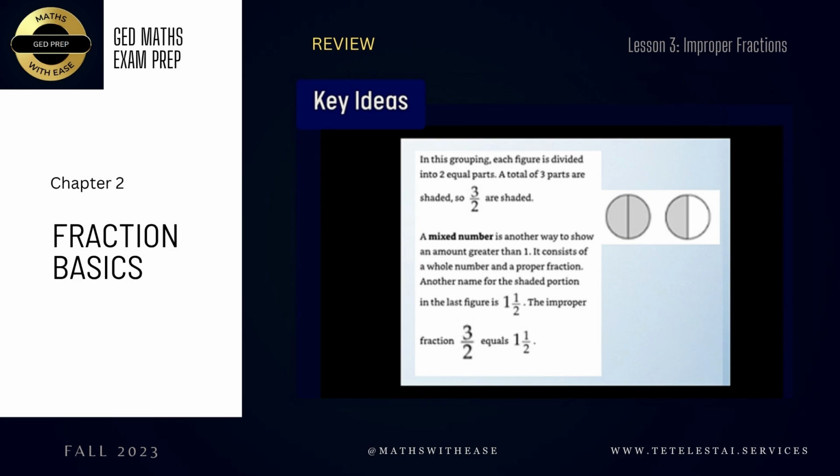So here we have one whole circle that's grayed out, and then we have one circle that only has half grayed out, and that's what this represents here. And essentially these two quantities are the mathematician's way of representing the same thing. So instead of expending all that energy explaining what's going on with the circles, the mathematicians have figured out a short way of letting you know what's going on. Either 3/2 or 1 and 1/2, and they represent the same quantity that we're looking at.